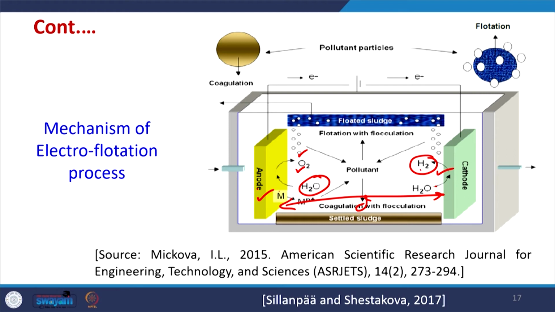These H2 and O2 gas bubbles, while moving up, will interact with the pollutants, and these pollutants get floated. Flocculation may also happen, and they may get floated along with these gas bubbles. So, we have floated sludge formed on the surface of the water, and this may be skimmed off to remove these compounds from the water. So, this is how it works.